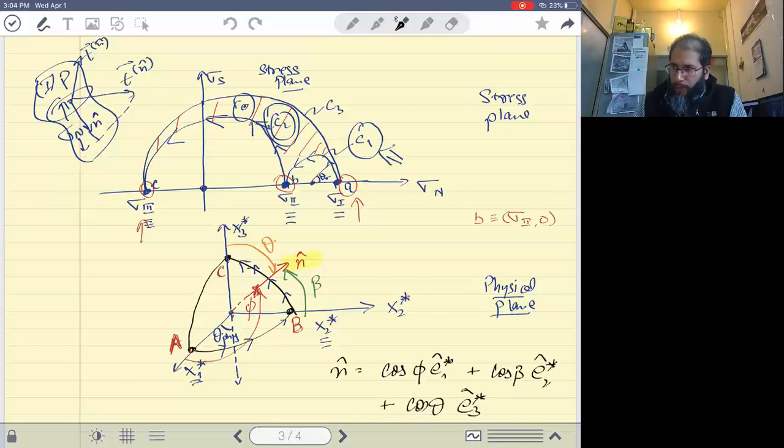The figure got a bit cluttered, so we'll clean it a bit. I assume you understand what the three angles are: phi, beta, and theta.